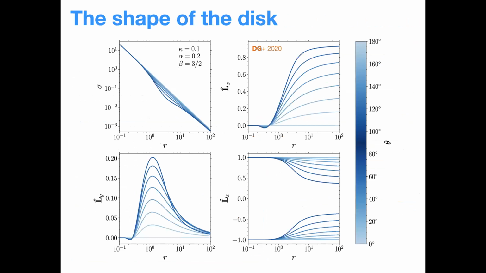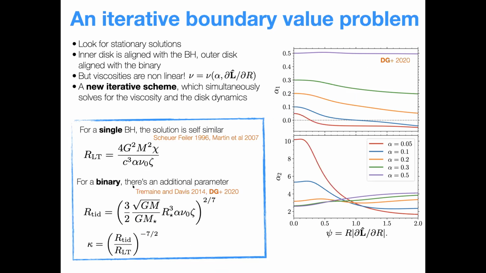When you plug in a binary system, there's an additional parameter. Physically, you have an additional radius, the tidal radius, which tells you how important the companion is, and which very elegantly enters the equation only through a dimensionless number kappa. The bigger it is, the more important the effect of the companion is.